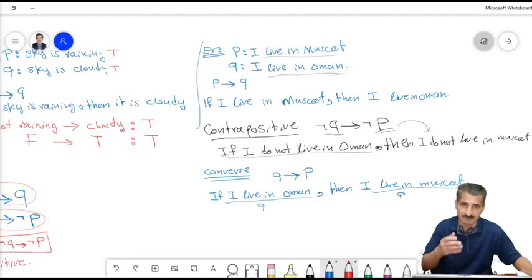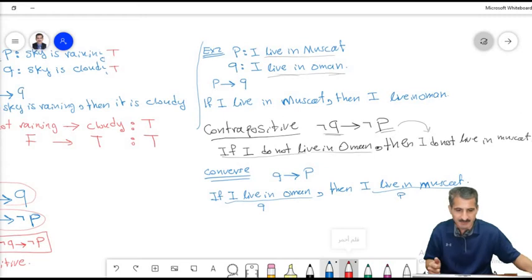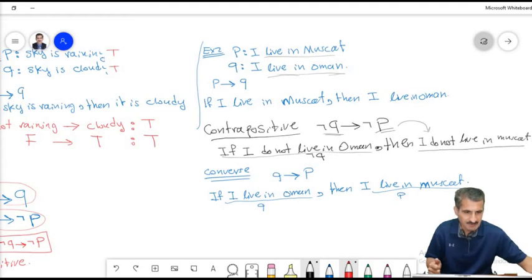You might be living in Oman but not necessarily living in Muscat. You might be living in some other city. So if I go back to this statement also, I will say this is not Q and this is not P.